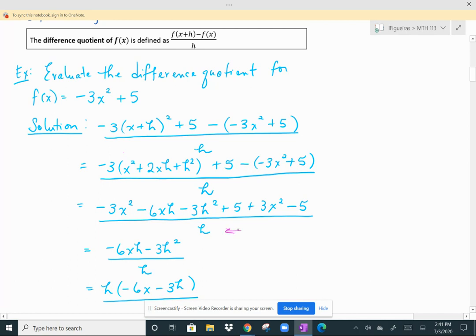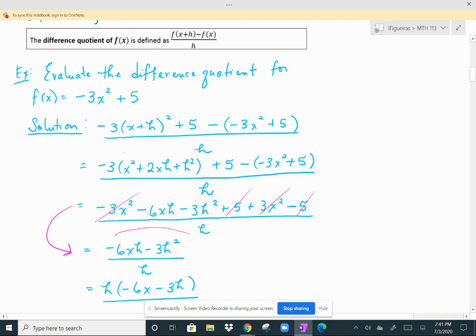Don't forget that denominator. From this line to the next, all I did was combine like terms. A couple of them cancel: the negative 3x squared and the positive 3x squared cancel, and the positive 5 and the negative 5 cancel. So you're left with negative 6xh minus 3h squared all over h.